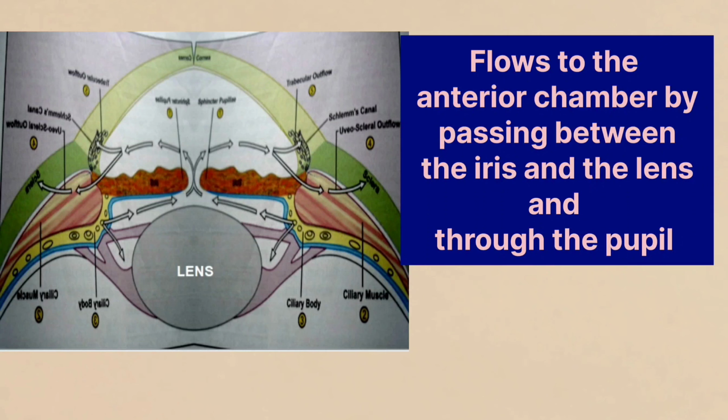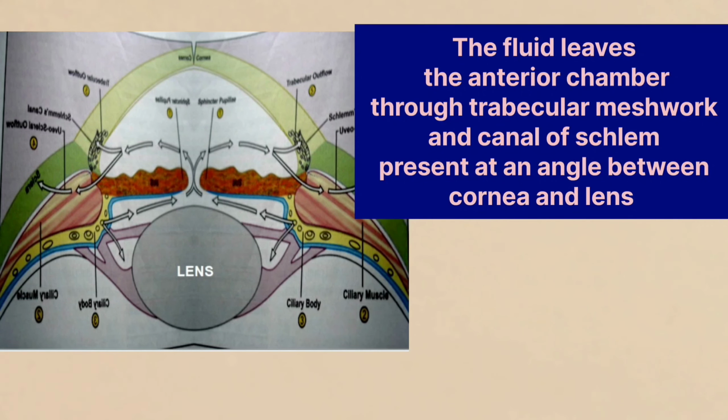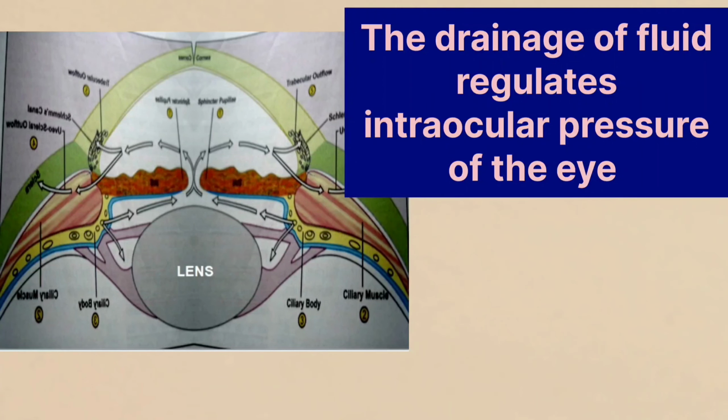Then it flows through the pupil, leaves the anterior chamber by flowing through a tissue known as trabecular meshwork located at the angle between the cornea and the lens. Then it drains through the canal of Schlemm and regulates the intraocular pressure of the eye.